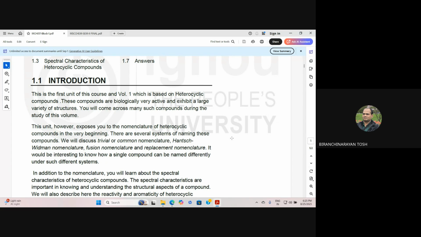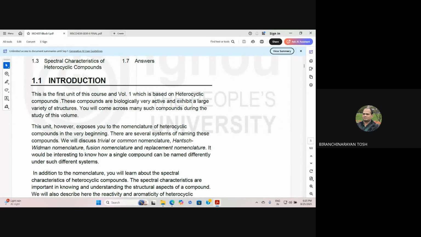And the nomenclature is based on four types or four systems. First one, the trivial or common system for nomenclature. Then Hantzsch-Widman nomenclature, fusion nomenclature, and replacement nomenclature. All these four systems of nomenclature are recommended by IUPAC.